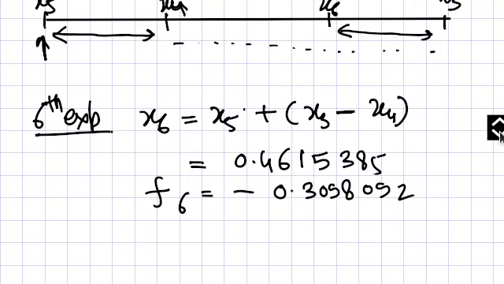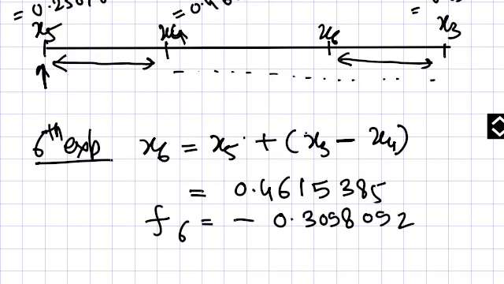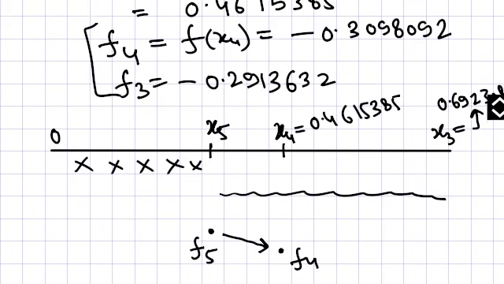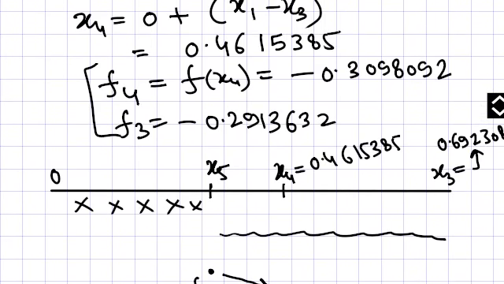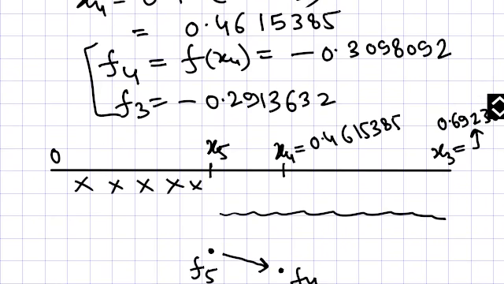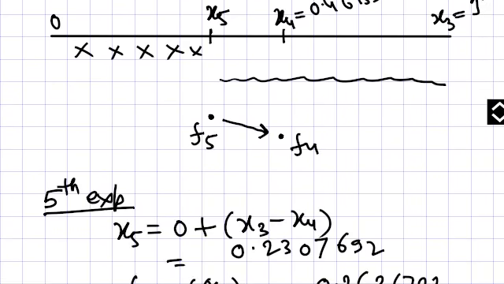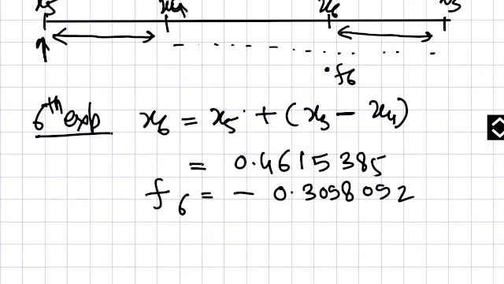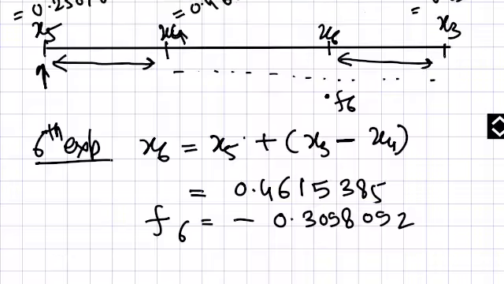And you can say that the f6 point value is somewhere here, and at x4 it is minus 0.3098092.